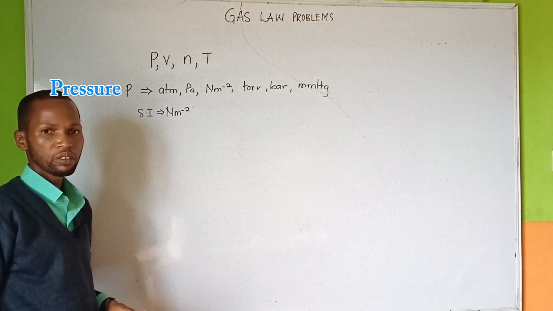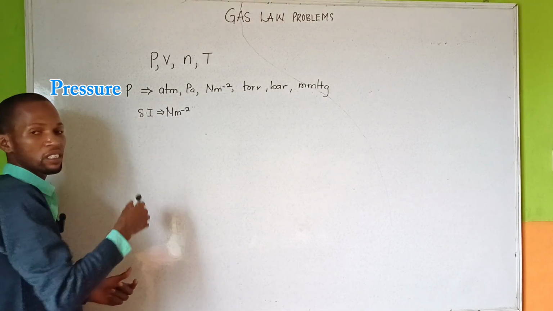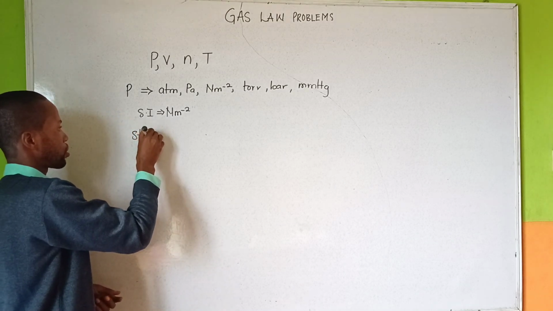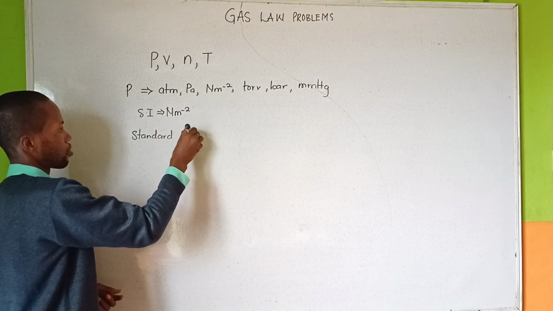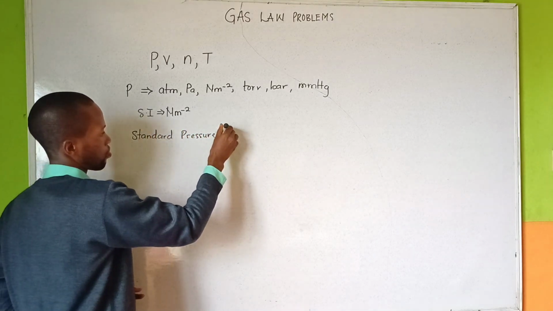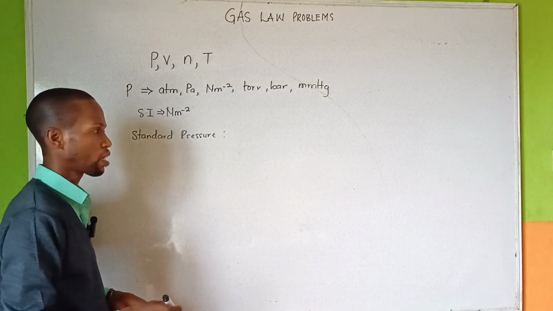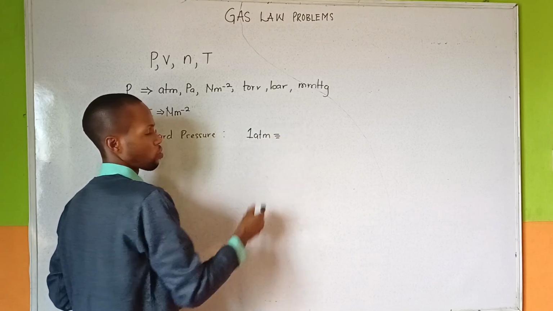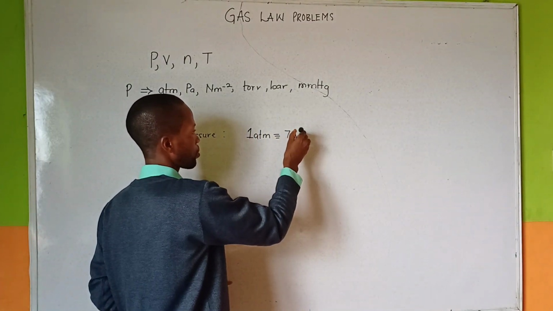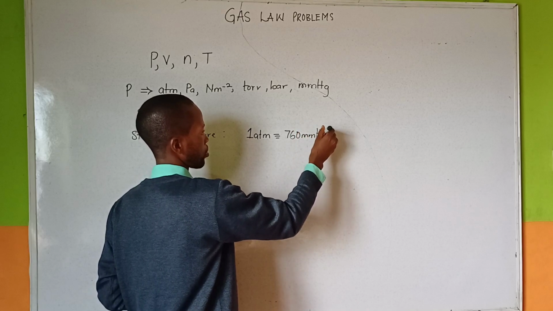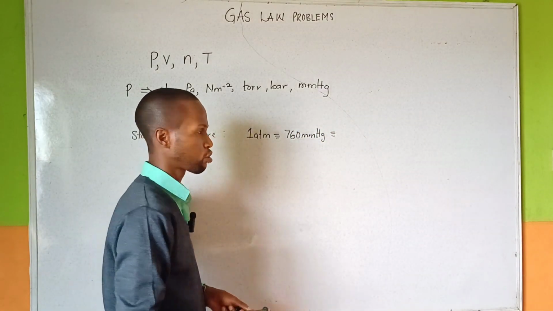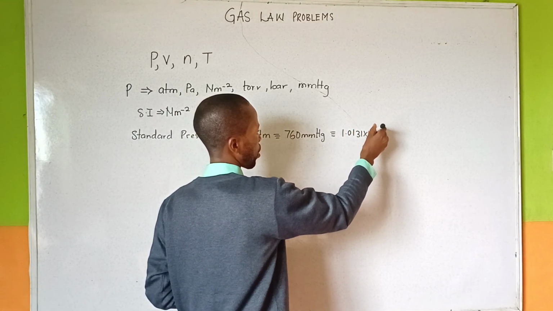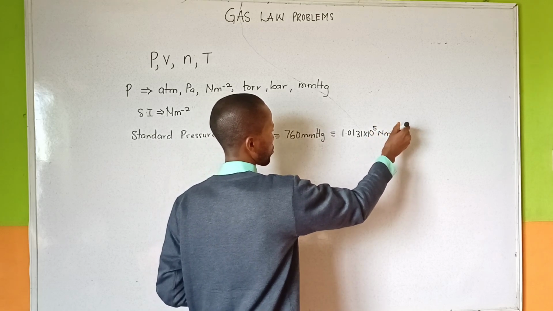At standard pressure, we have the respective values for pressure as 1 atm, which is equivalent to 760 millimeter mercury, and equivalent to approximately 1.0131 times 10 raised to power 5 Newton per meter square.